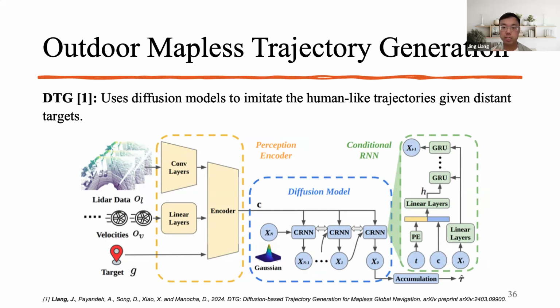For the diffusion process, we design a novel conditional RNN model, because the original UNet or transformers are too slow for a multiple stage diffusion process. The model processes time steps with a cosine positional encoding, and then we use multiple GRU models to process the trajectory features.